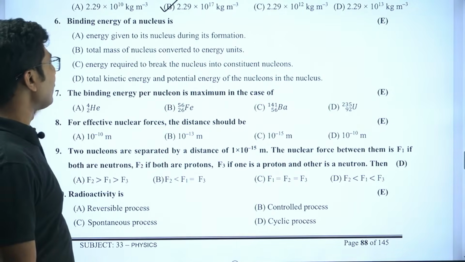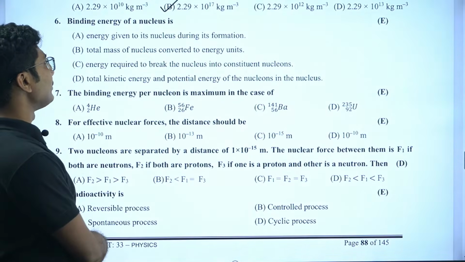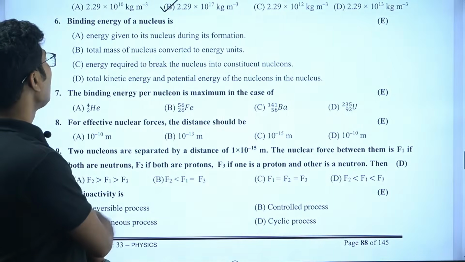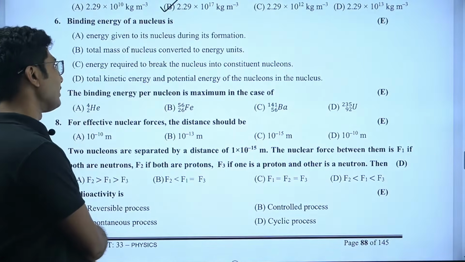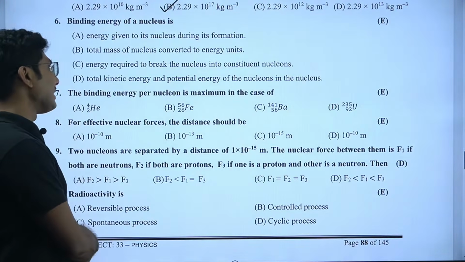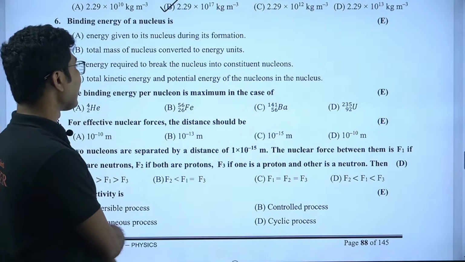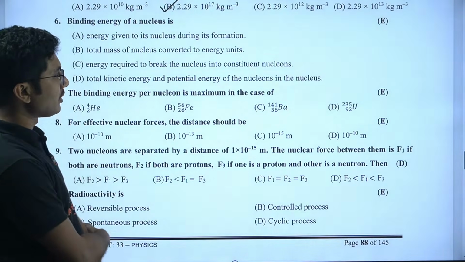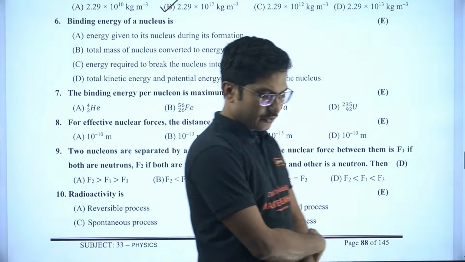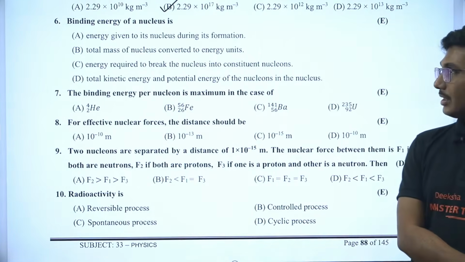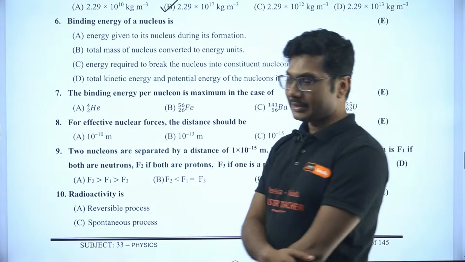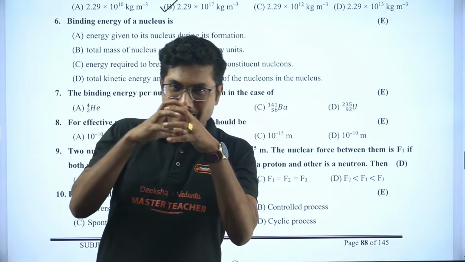Binding energy of a nucleus is: energy given to its nucleus during its formation; total mass of the nucleus converted into energy units; energy required to break the nucleus into constituent nucleons; total kinetic energy and potential energy of the nucleons in the nucleus. What about question number 6? Binding energy is basically the energy that is binding the nucleus together.